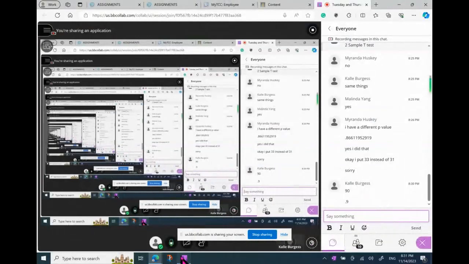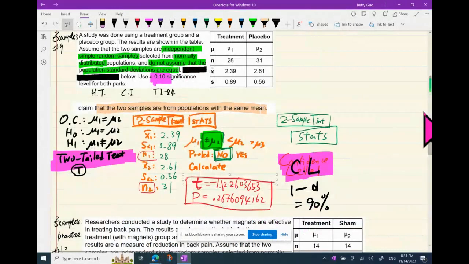Very good. Am I clear? I want to make sure everybody is aware of this. I know Kelly definitely is aware of this. So when it's two-tailed, the confidence level is the complement of the significance level.